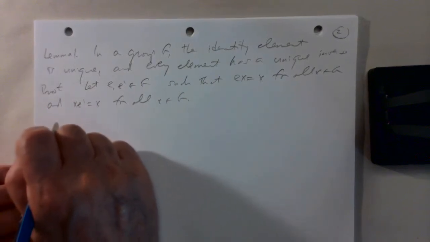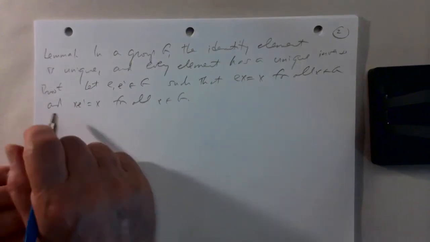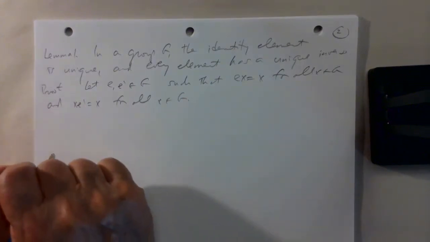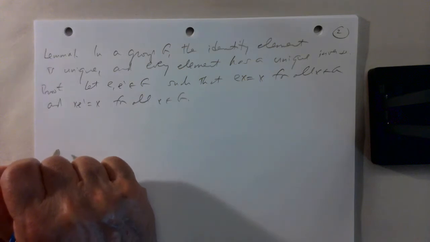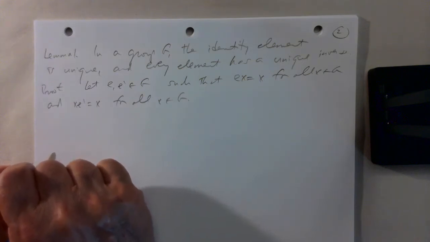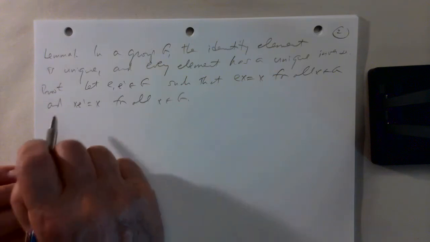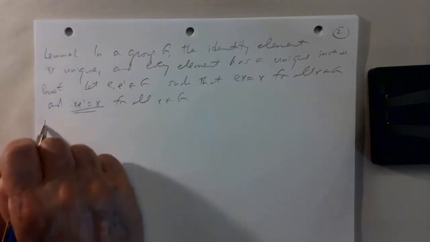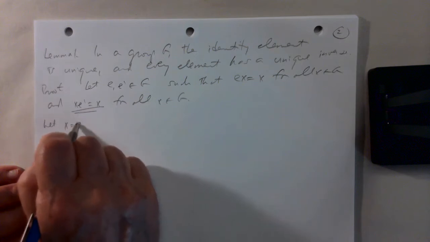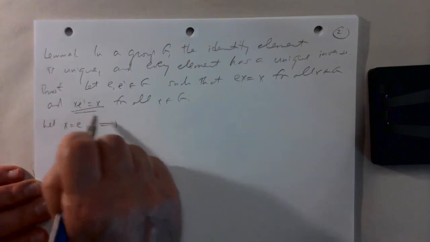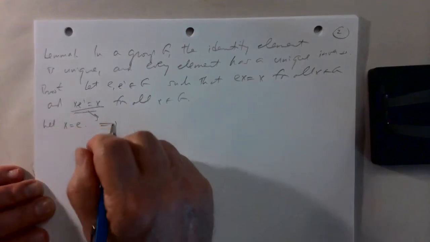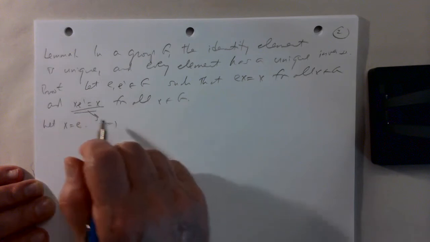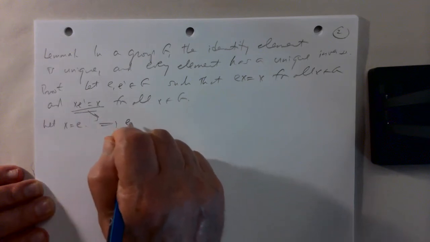And then we do the following very simple calculation. Where we have XE prime equals X, let X equal E. This is true for all X, so it's true in particular for E. So E prime equals E.